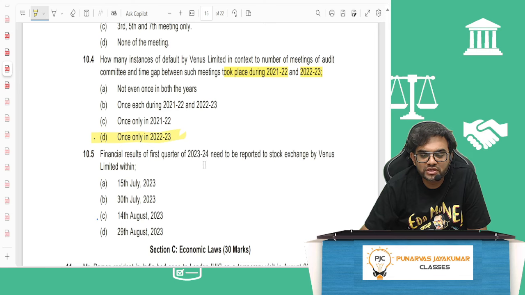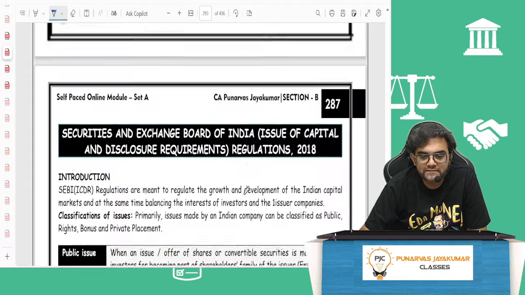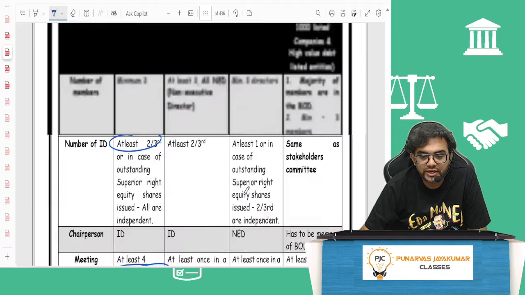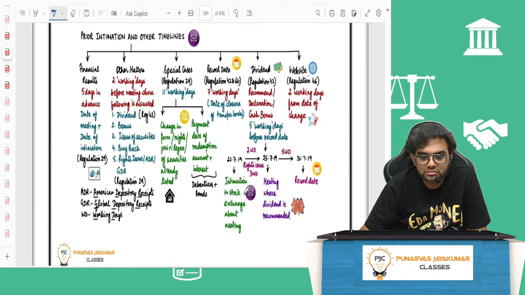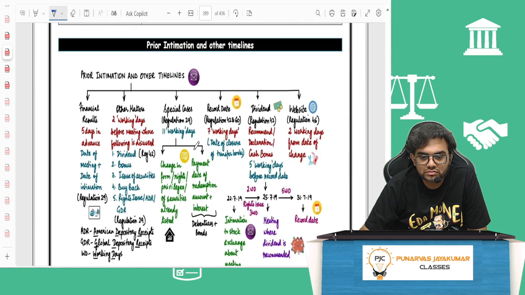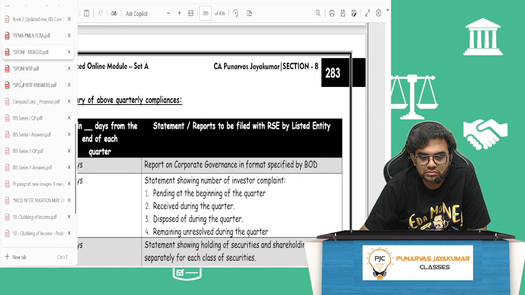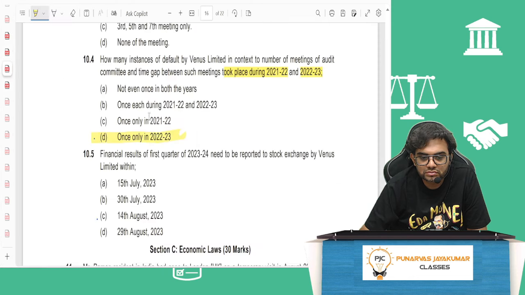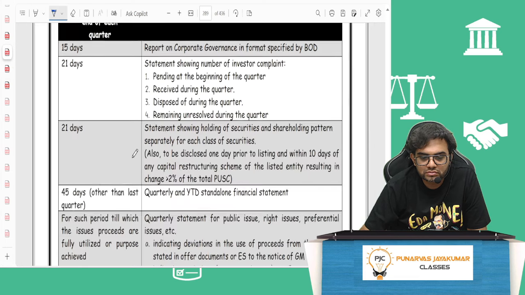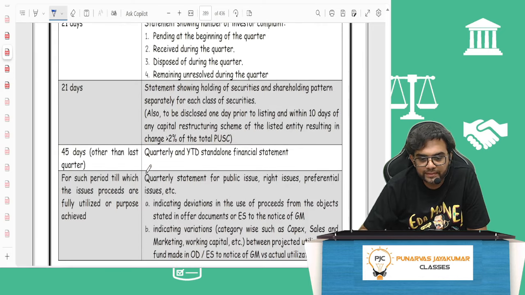Financial results of quarter need to be reported when? So again here if you see, 45 days. Page 283, 45 days. Other than last quarter.